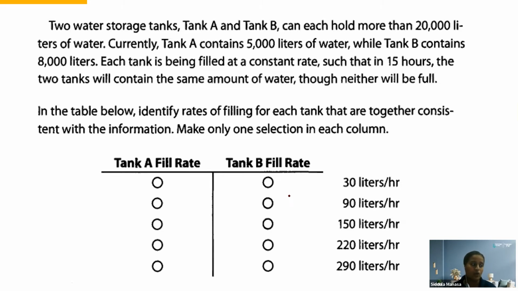Currently, tank A contains 5,000 liters of water and tank B contains 8,000 liters of water. Each tank is being filled at a constant rate such that in 15 hours, the 2 tanks will contain the same amount of water, though neither will become full.